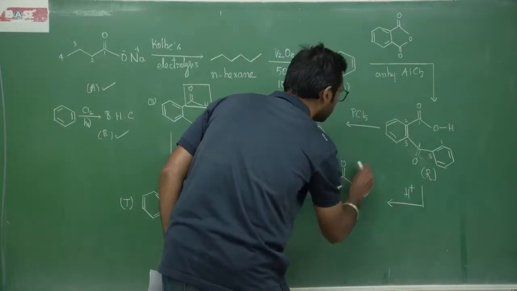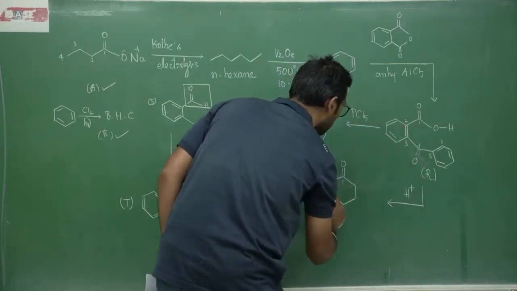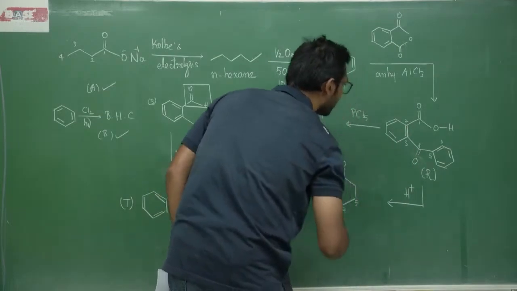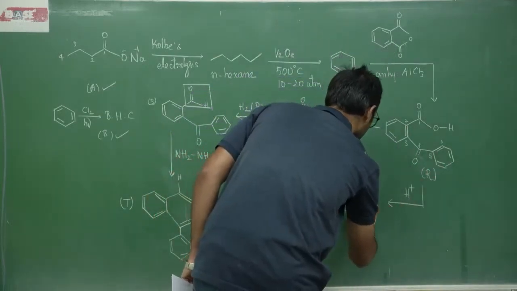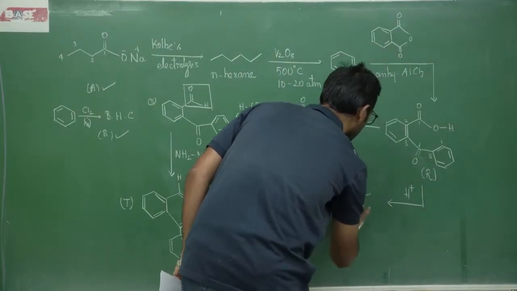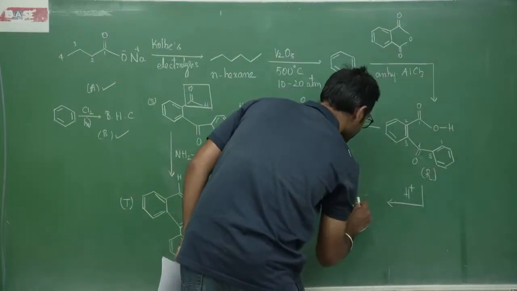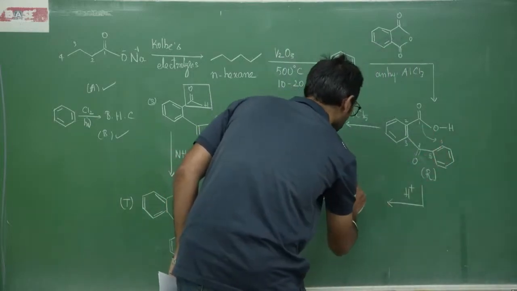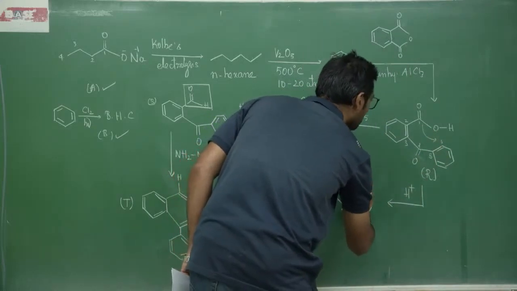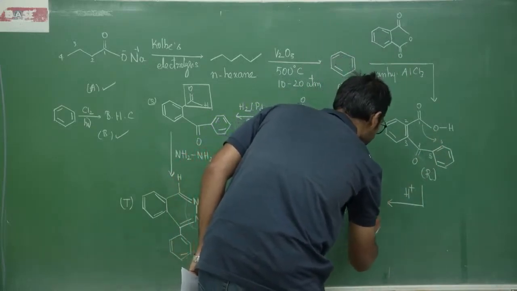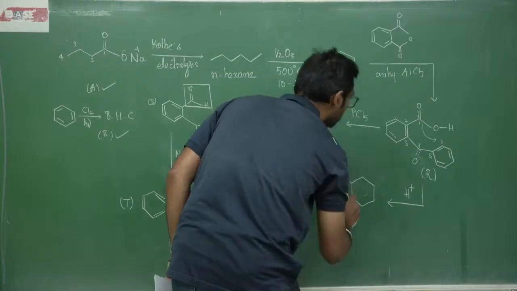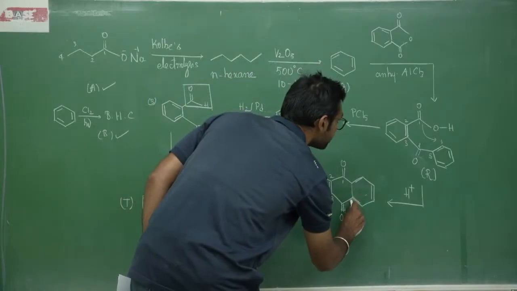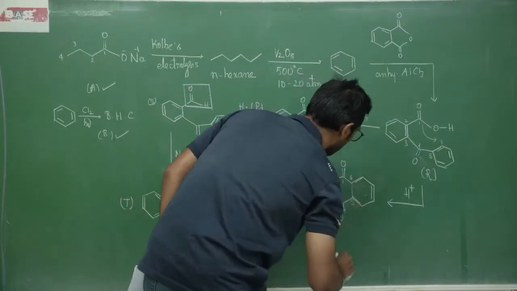So this is carbon 2. I'll start from here. This is carbon 1, 2, 3, 4, 5, okay, so this is 5 and this is 6. I hope the numbers are visible.